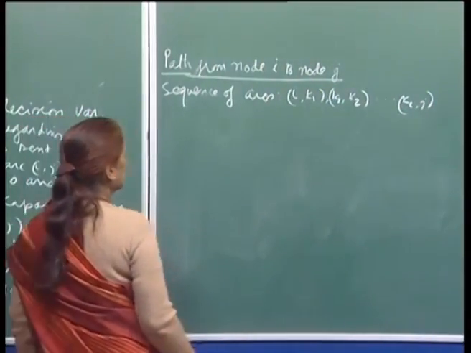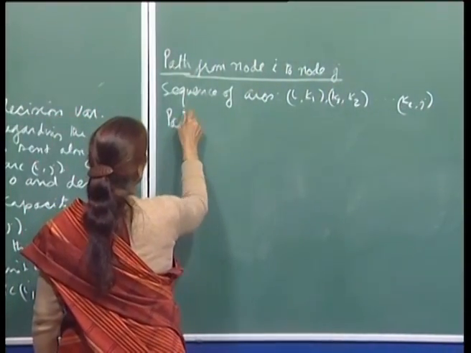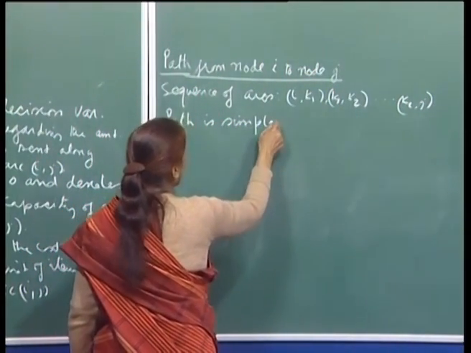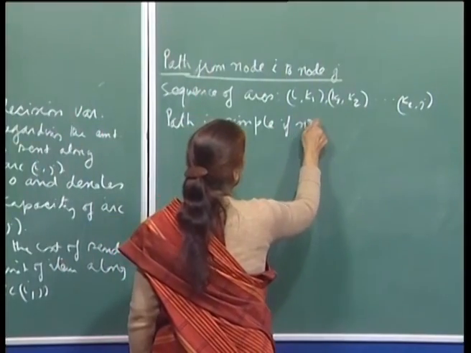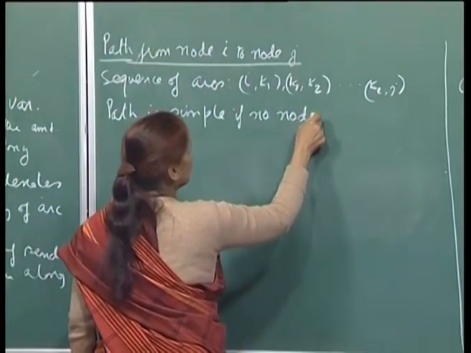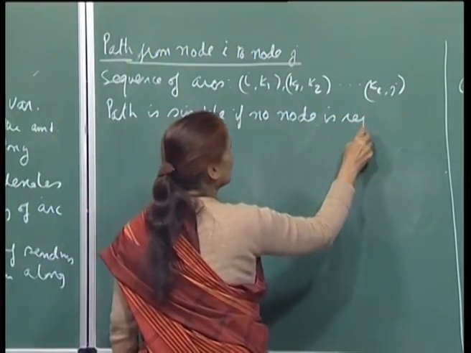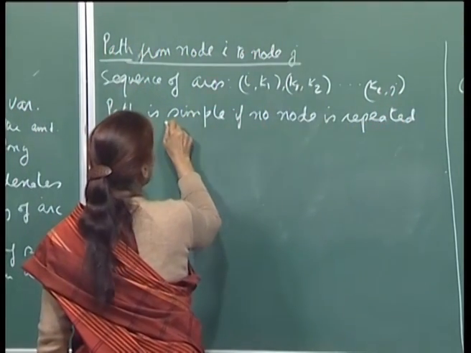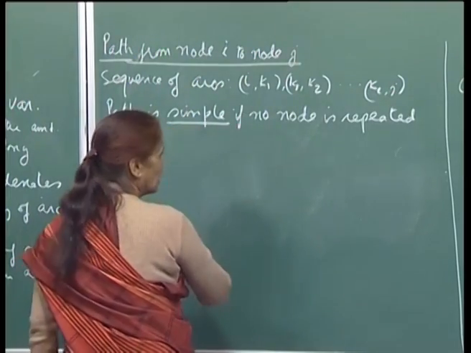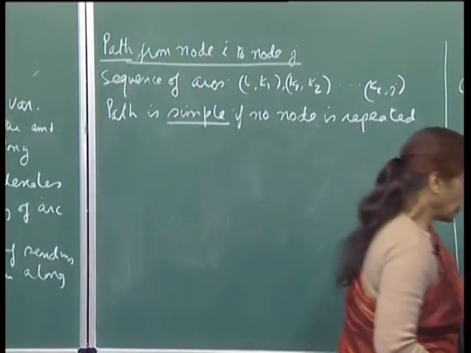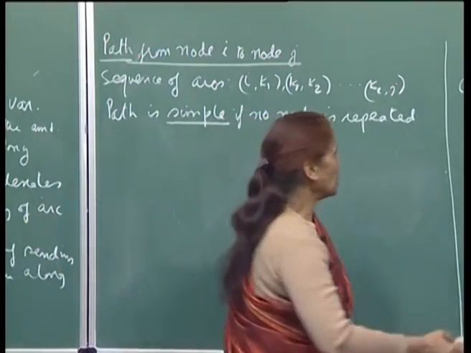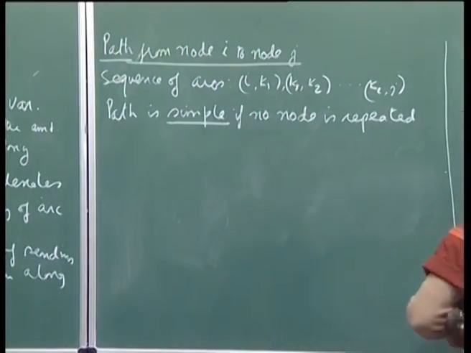Then we say that a path is simple if no node is repeated. Okay. So, path is simple, and that is important for us, because sometimes, that means you are not coming back to a node and then going out. So, let me give you an example.